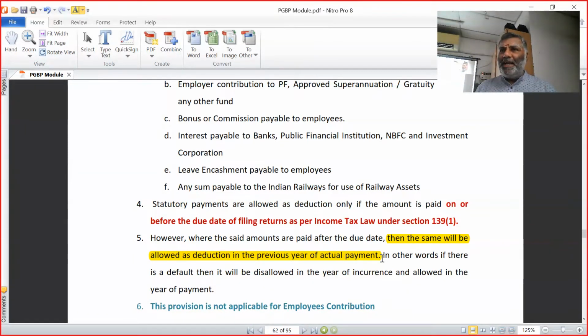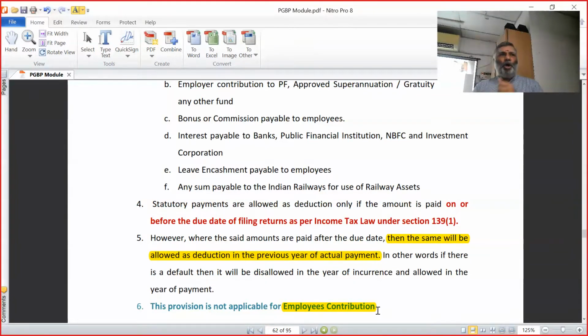Similar to TDS, if it is disallowed in a particular year, then I will allow it in the subsequent year, whenever it is paid. We have already seen this. I am again telling you the provision is not applicable for employees' contribution. It is an amendment only for employer.